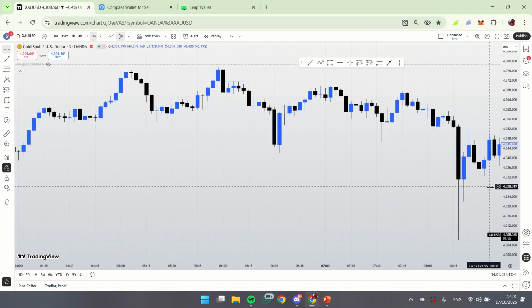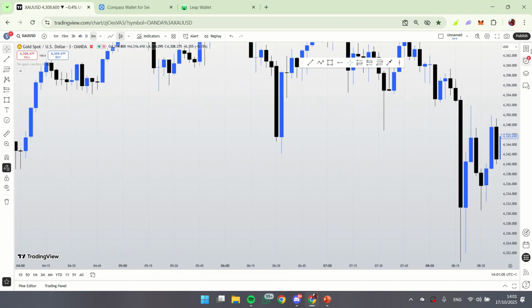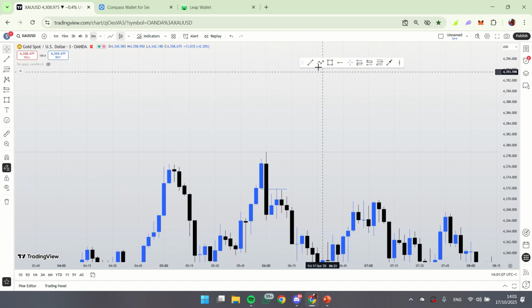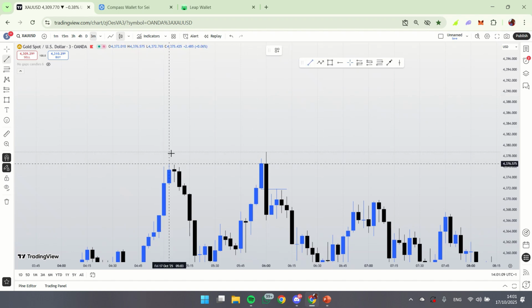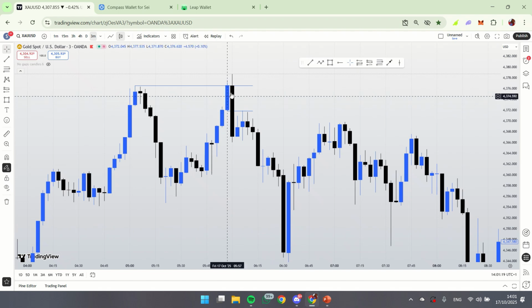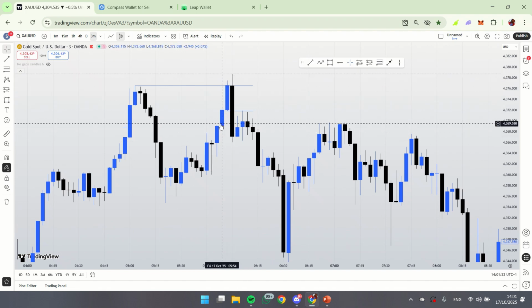And I also saw something just now. Look at this. Did you see that? I think the blue closed and it immediately did this. That's why I said two or more candles.